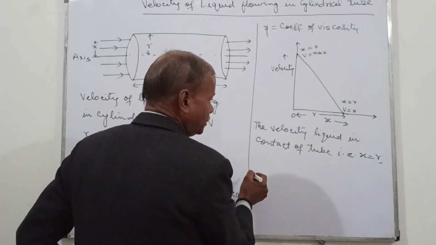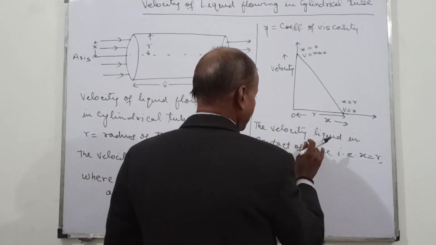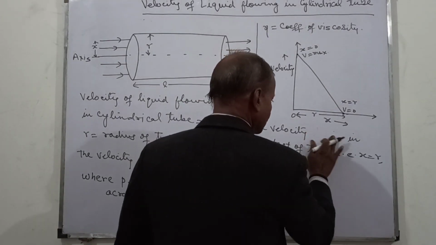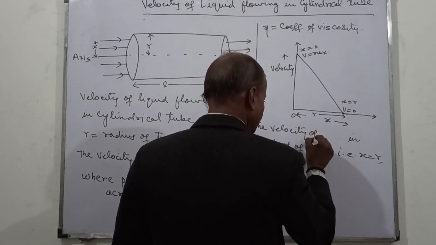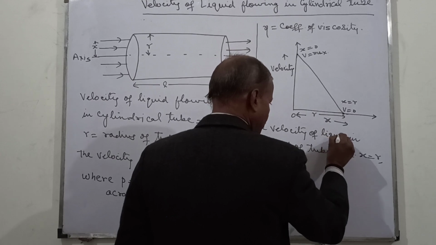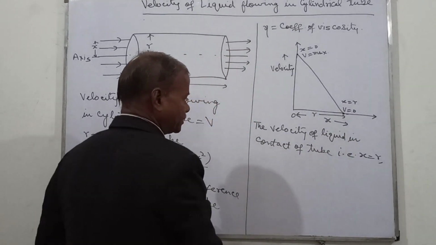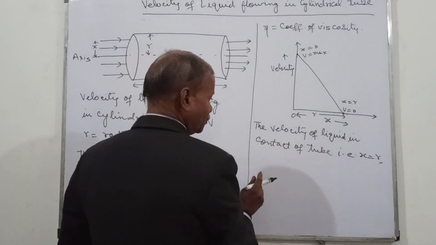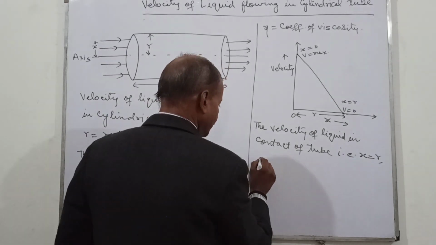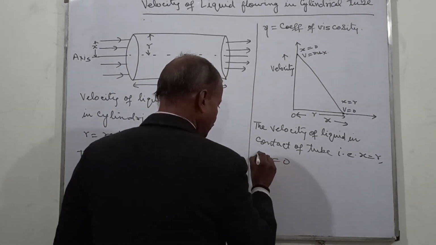the velocity of liquid in contact with the tube, this V is equal to 0.